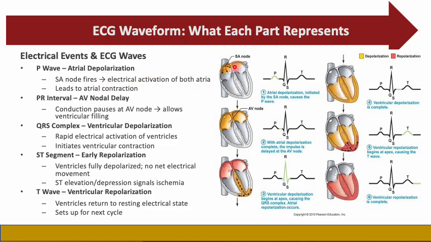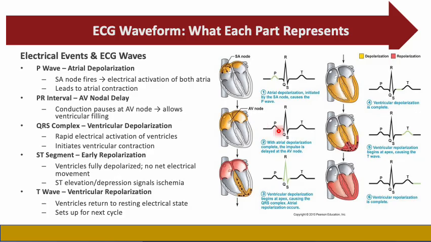This starts in the atrium. It's from the SA node. The SA node fires the electrical activity of both atria. This leads to contraction. So it causes the atrium, the top part of the heart, to contract. That electrical pulse is reflected through the P wave.